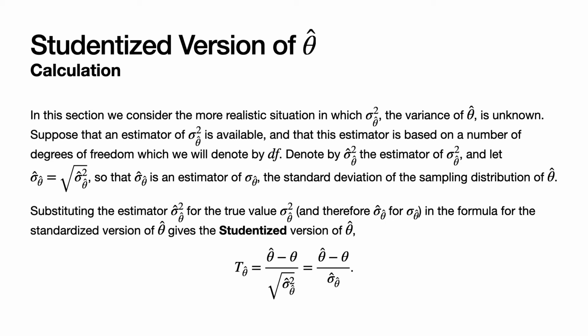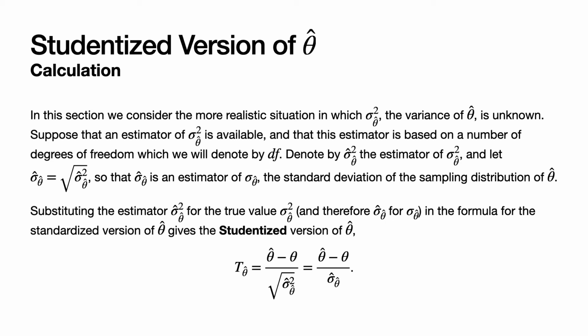Now suppose that we have an estimator of this variance, an estimator of sigma squared sub theta hat, and that the estimator is based on a number of degrees of freedom, which we will denote by df.